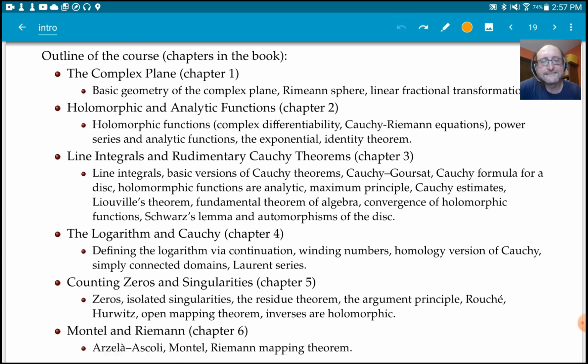The idea is that you want a theorem like Bolzano-Weierstrass, which says that if you have a sequence of functions that are bounded in some way, then you can take a convergent subsequence. It's not necessarily true for functions in general, but for holomorphic functions it is actually true, strangely.